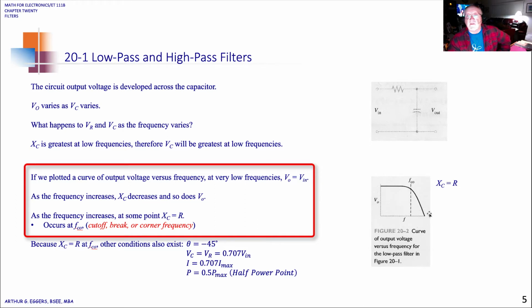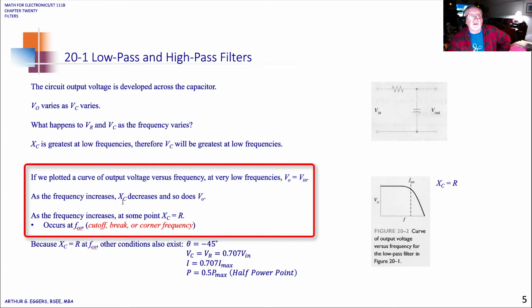Okay, so if we look at the little curve here, we can see something happens as V out starts to change as the frequency starts to change. We start to see what's called a cutoff, or a break, or a corner frequency here, where the frequency response starts to take a nosedive. And that nosedive is based on how much the output voltage is changing with the change in the frequency.